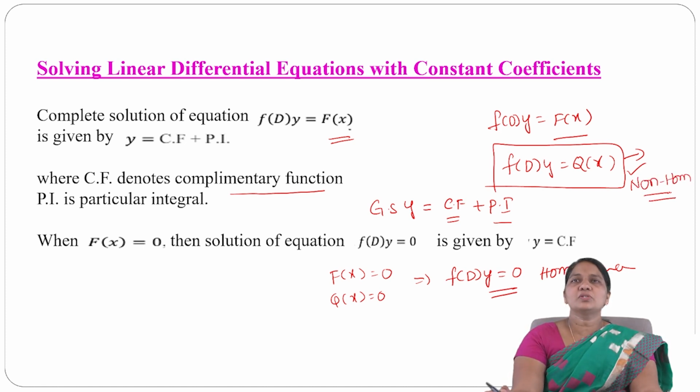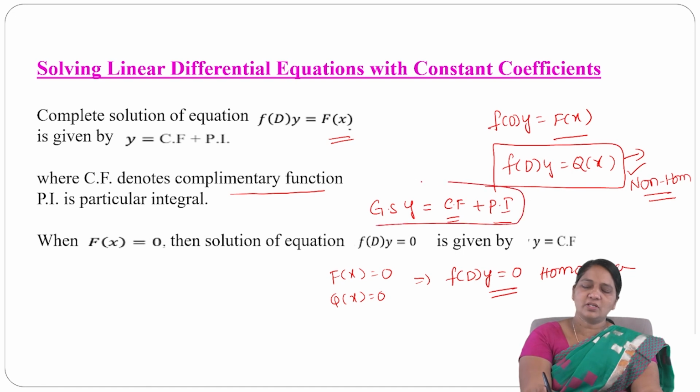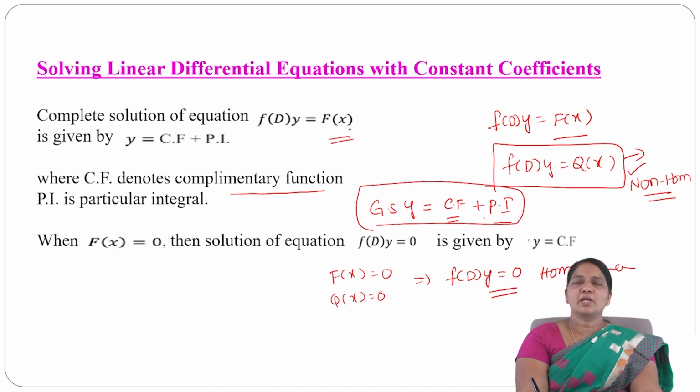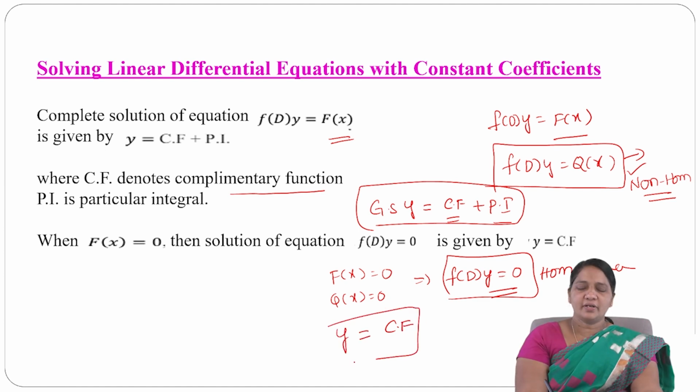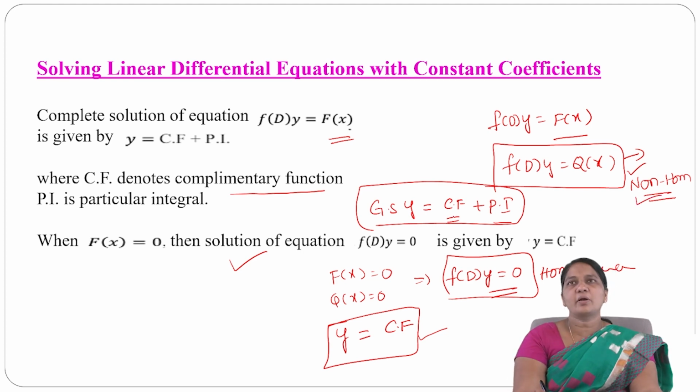For the non-homogeneous equation, the general solution is y equal to CF plus PI, complementary function plus particular integral. For the homogeneous equation, the complete solution is CF only. The solution of the homogeneous equation is only the complementary function. The solution of the non-homogeneous equation is complementary function with particular integral. So these are the important points you should know before going to solve the problems.